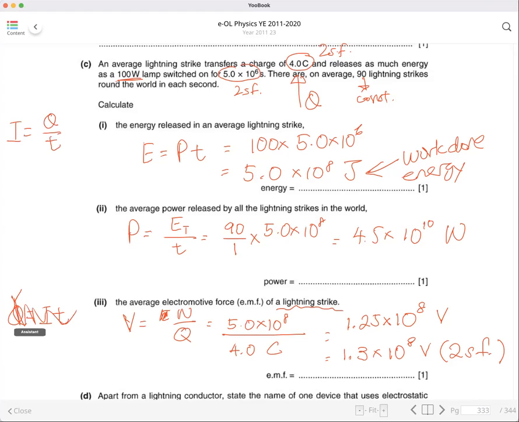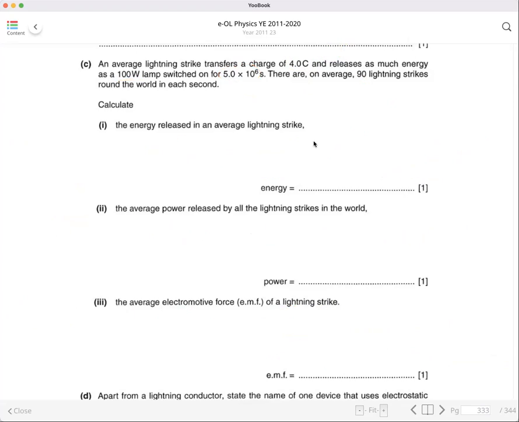Ryan found the current first. The current in this case is 4.0 C every second. Then he uses power equal to V times I. Okay, I think I'm getting confused already. So Ryan, don't use this method. Okay, so let me continue.